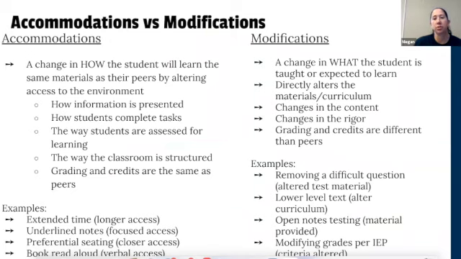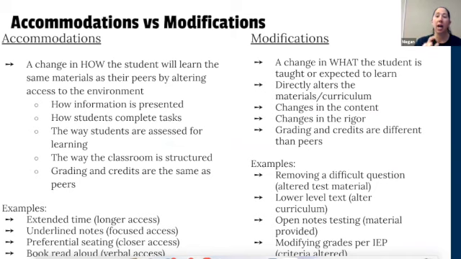Accommodations versus modifications. Now, these are two very different areas. So let's look at accommodations first. This is the how. It's a change in how the student will learn the same materials as their peers by altering access to the environment. Notice how I highlighted a few of those words.